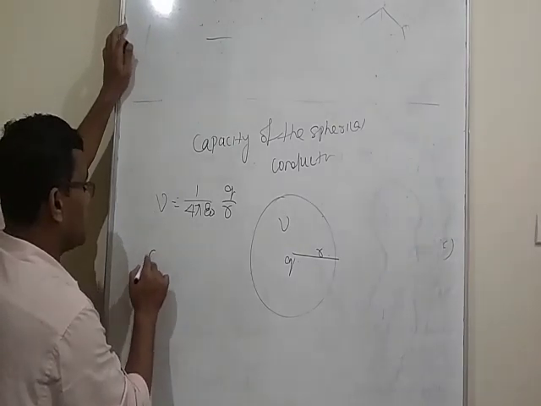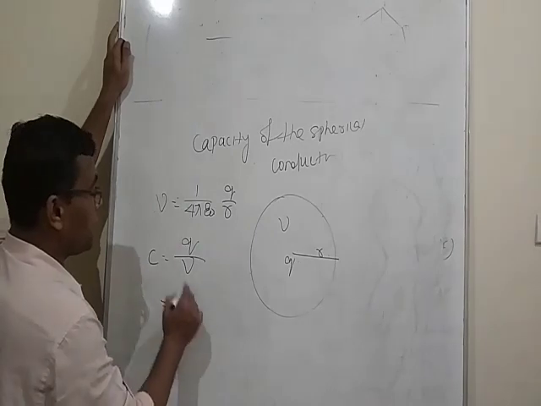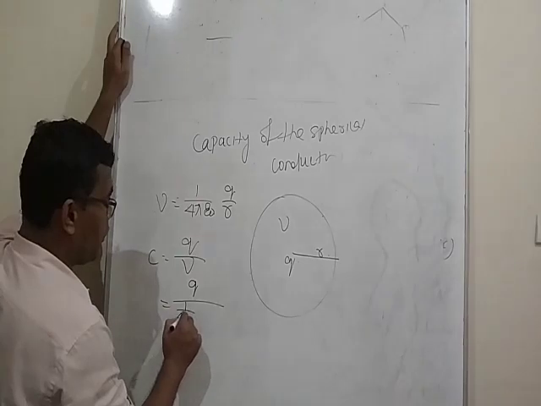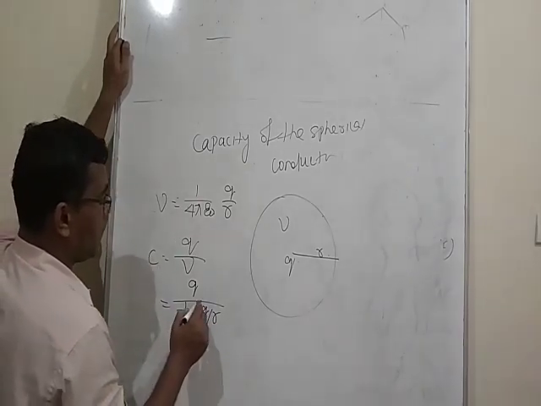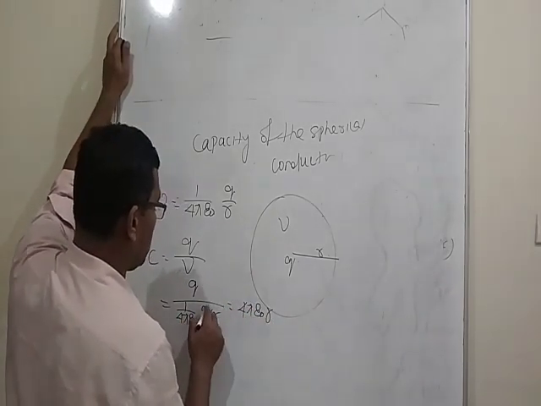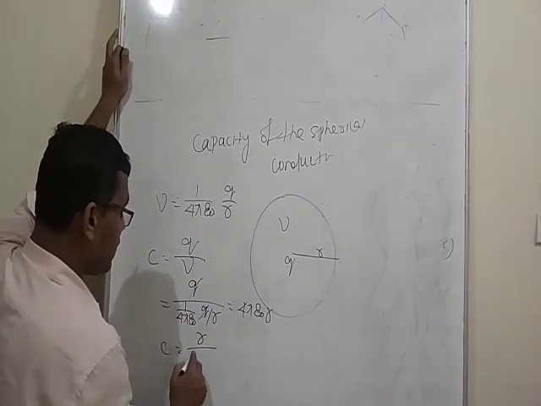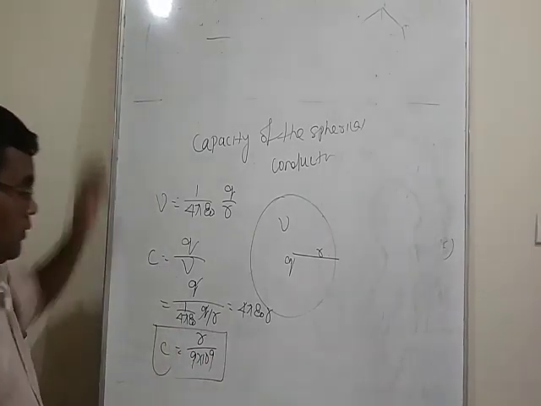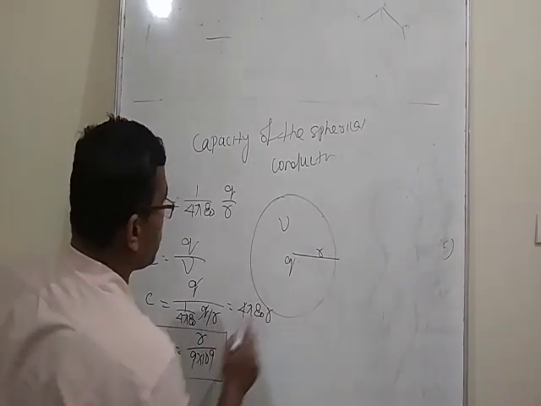Now the capacity C is equal to Q by V, so Q divided by 1 by 4 pi epsilon 0 Q by R. So the capacity of a spherical conductor C is equal to 4 pi epsilon 0 R.